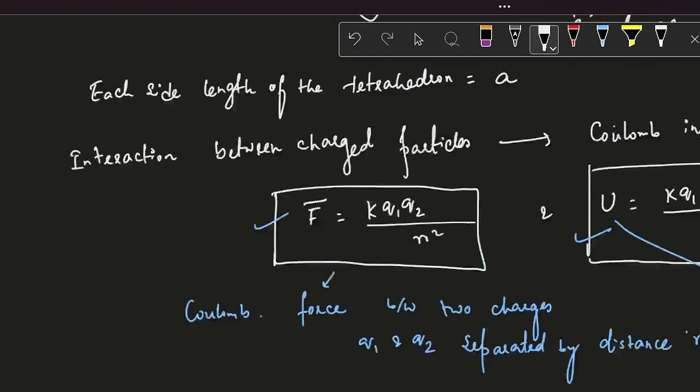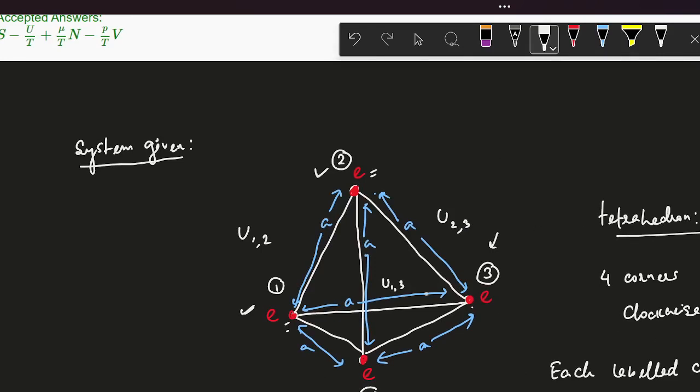So let us look at the picture again of the tetrahedron. So this is our fourth particle. Let's say we place it here. What it sees is that it has already 3 particles around it to interact with. So this particle will see this particle at 1, this particle at 3, and also this particle at 2.